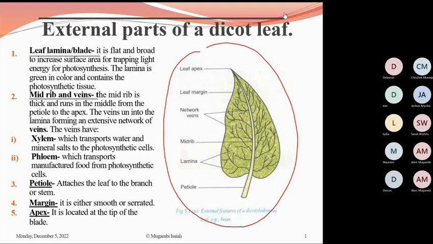That is why we are looking at the external parts. You'll see many questions in practicals, especially as you get into Form 4, and especially on leaves, which can come in an exam.